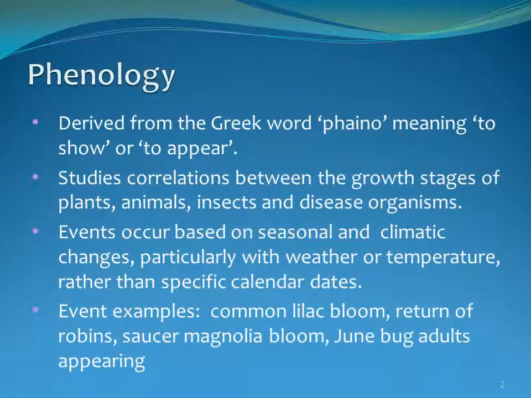So phenology is derived from the Greek word meaning to show or to appear. Think about garden journaling here. The idea is that phenology takes ordinary processes that happen every year, like the first robin returning or when the first lilac blooms, and correlates it to growth stages of other plants, animals, insects, and disease organisms.